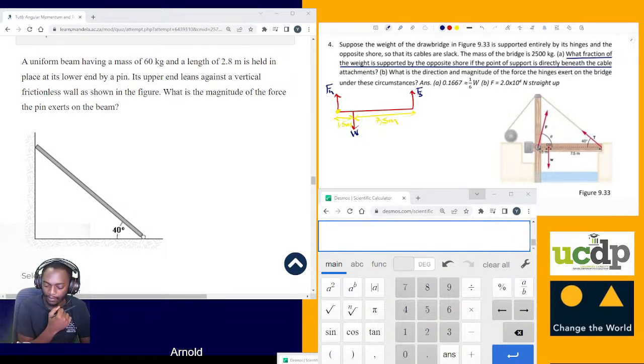So we can choose to take moments about the hinge.